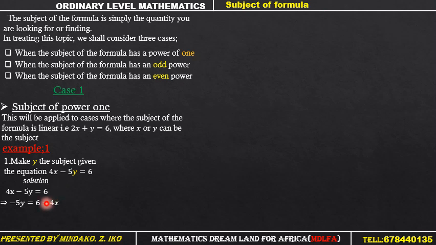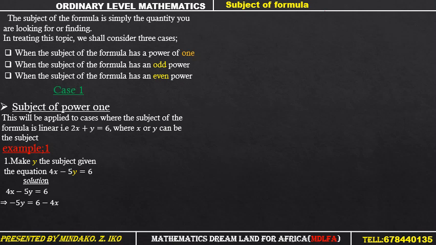That is why there's a negative sign here. In mathematics, when a term crosses the equality sign, the sign reverses. Here it was positive, but now that it has crossed the equality sign, it becomes negative.